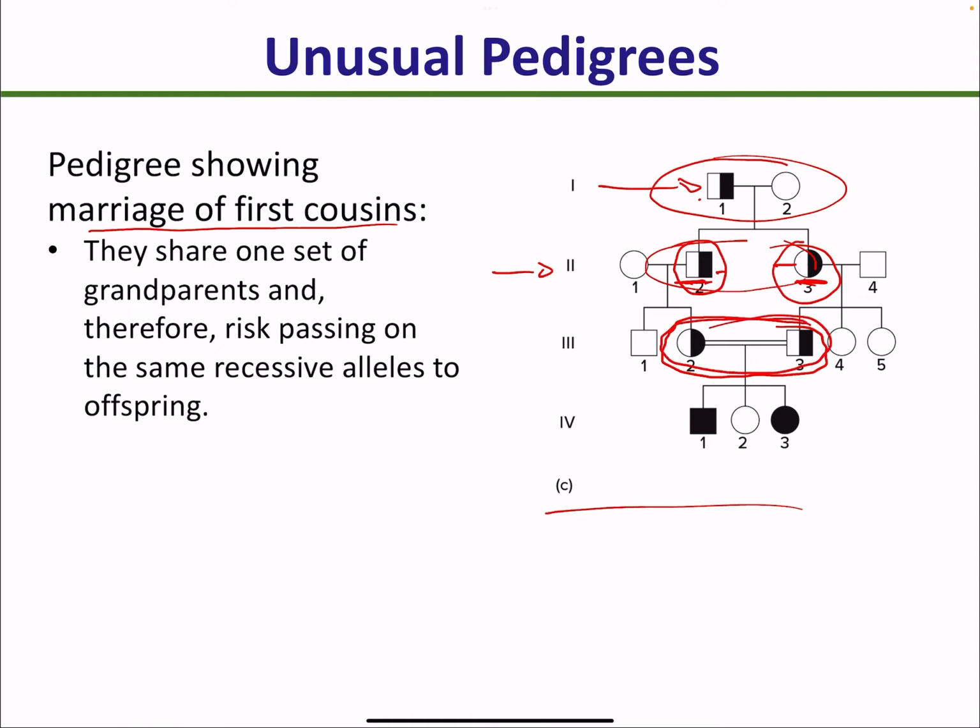These are first cousins. Anytime you have first cousins that come together, the chance that a disorder is going to express in the offspring is very high. Okay? That's why you see that in this union here, you have two individuals that are affected.